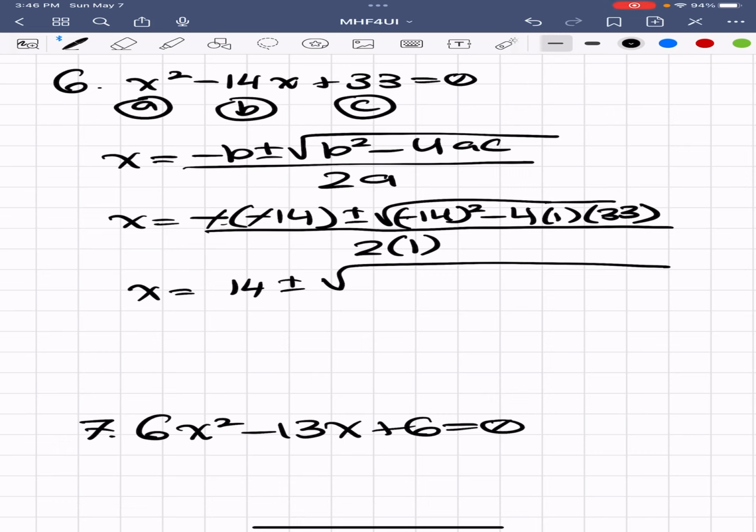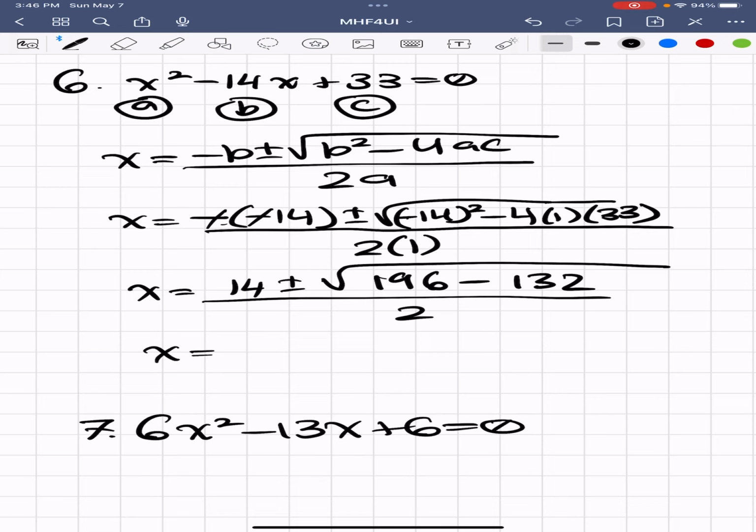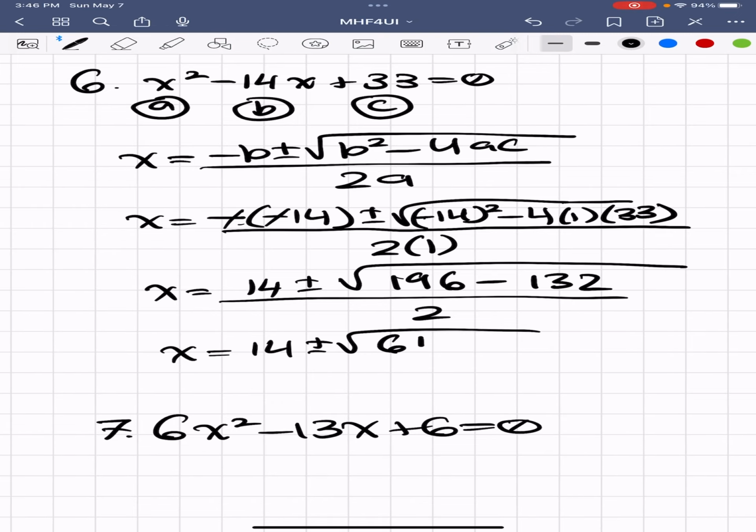Negative 14 squared, that's 196, minus 132, all over 2. I'm doing 196 minus 132 equals 64, over 2.